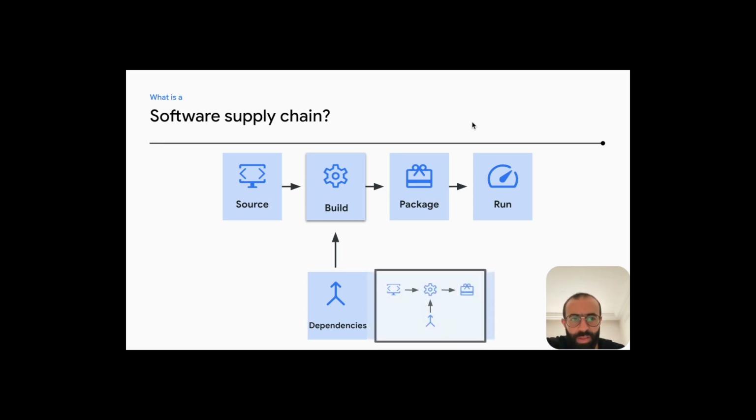These dependencies can be either open source or COTS products, but in either case, that software will have contributors, an SDLC process of its own, and its own third-party dependencies. So it's like a loop where we have a lot of other software supply chains, and it's very difficult to find out where the problem comes from.